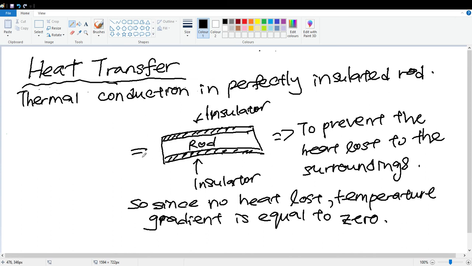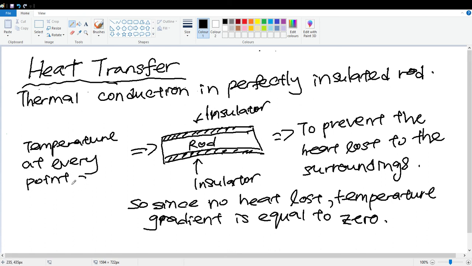So let me just write it down: temperature at every point are the same. If the temperature at every point is the same, it means there is no heat flow in this rod, and hence the temperature gradient is equal to 0, since there is no difference in temperature at every point. Okay, so this is the thermal conduction in a perfectly insulated rod.